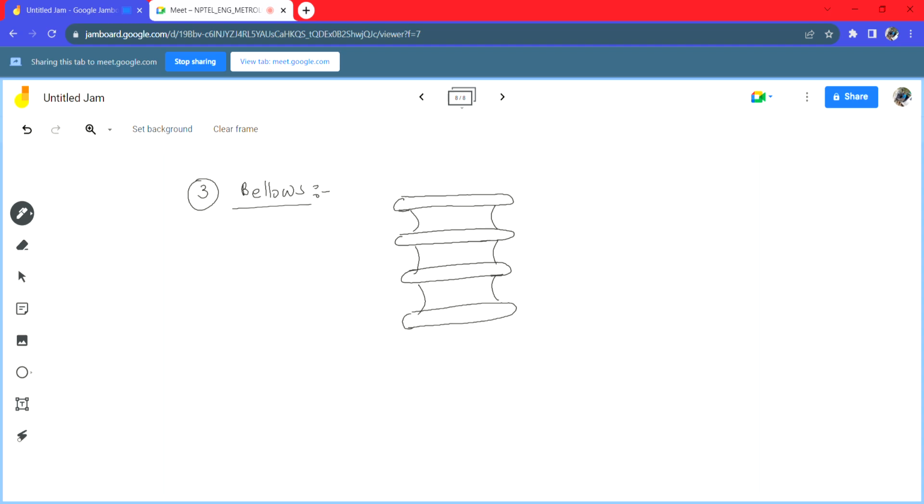So this is a typical example of a bellow. What we are doing here is, at the top here, or maybe at the bottom, we apply a pressure P. Now once this pressure is applied, this D will start to compress.